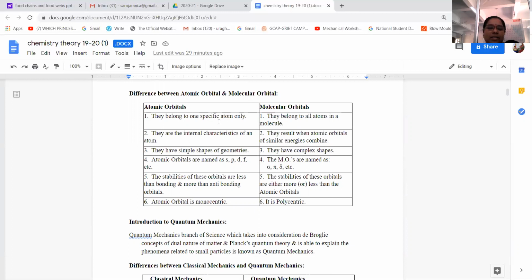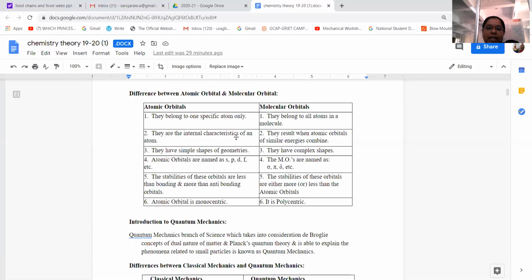Atomic orbitals belong to one specific atom. As you know, orbitals which are comprised because of atoms are atomic orbitals. So hence obviously they belong to one specific atom. Whereas in case of molecular orbital, a number of atoms combined together to form a molecule.